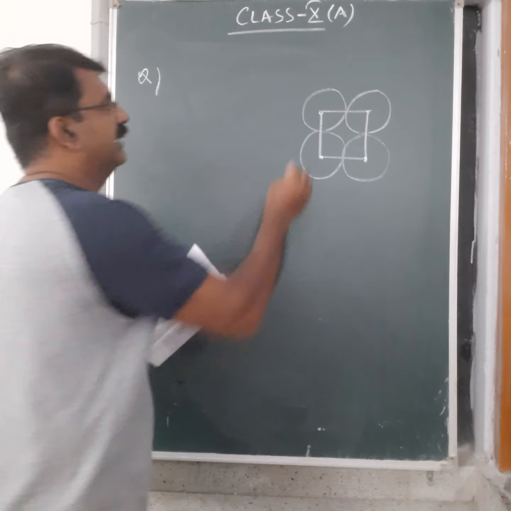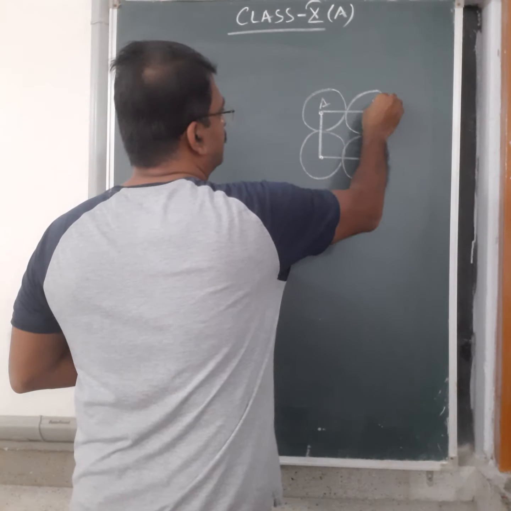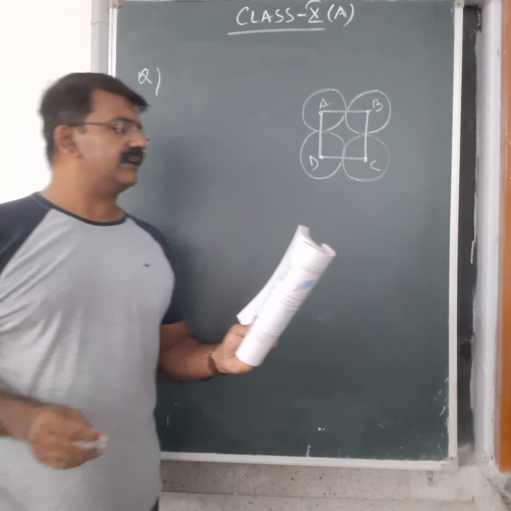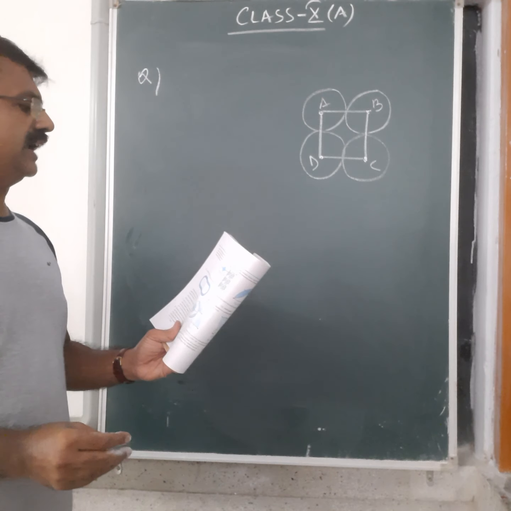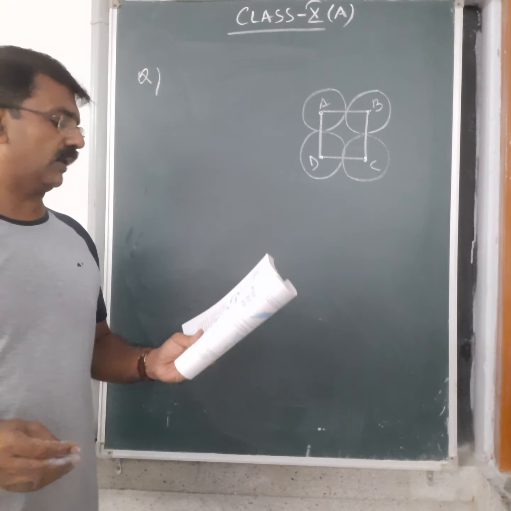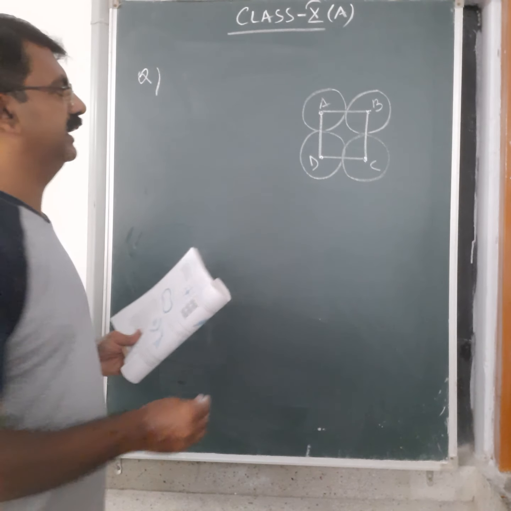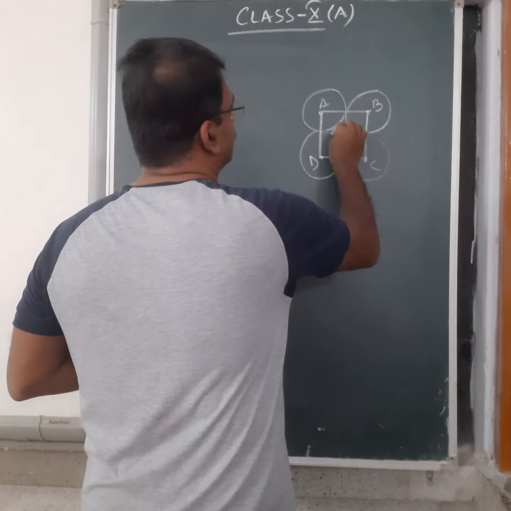There is a square ABCD of side 14 centimeter, and there are 4 circles drawn at the 4 corners of the square, and the circles are touching each other. So you have to find the area of the shaded part.